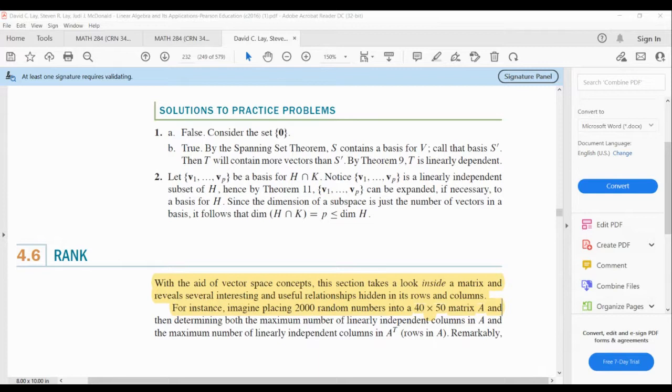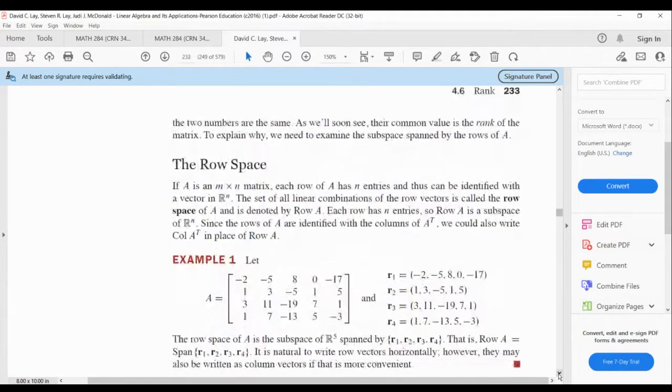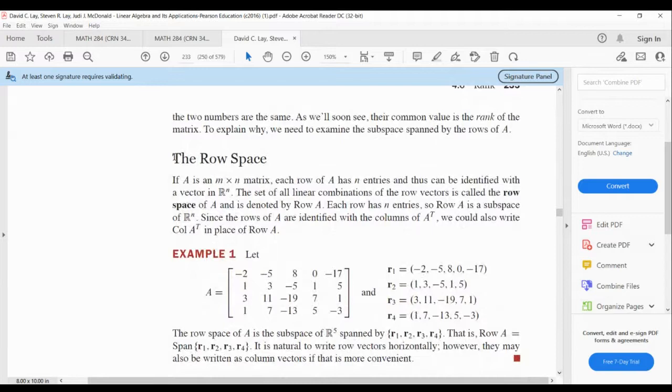So let's look at the first concept, a row space, and we'll look at example 1. You have seen column space, but what is a row space? Well, they define the row space of A here.